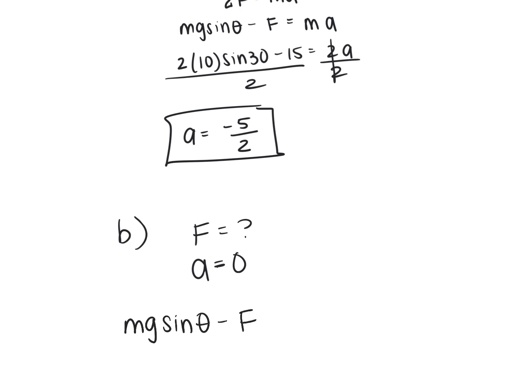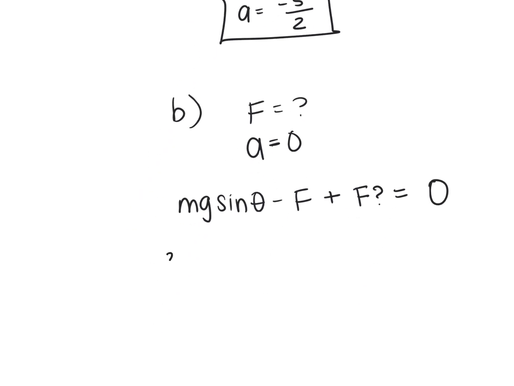But we want to know what additional force will give us an acceleration of 0. So if we plug in 2, 10 sine 30 minus our force of 15 newtons plus F equals 0, we can begin to solve the problem.